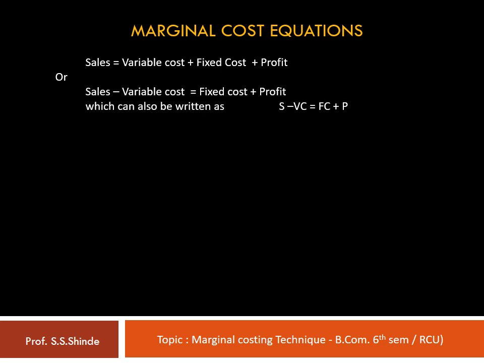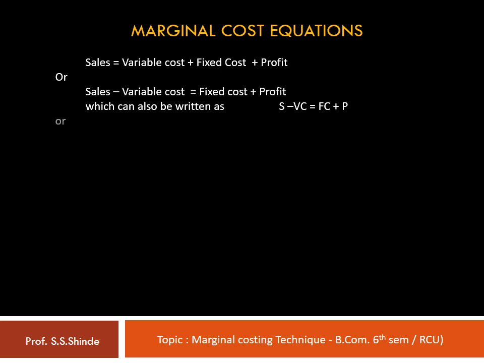Generally, we may use alphabets or acronyms to write these equations, whereby this equation can also be written as S minus VC is equal to FC plus P, where S represents sales, VC is variable cost, FC fixed cost and P represents profit.